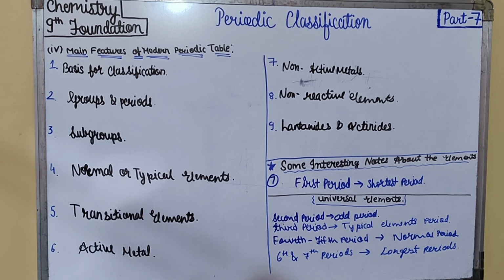Fourth and fifth period are called normal period because these periods contain 18 elements each, which include even the transition series.